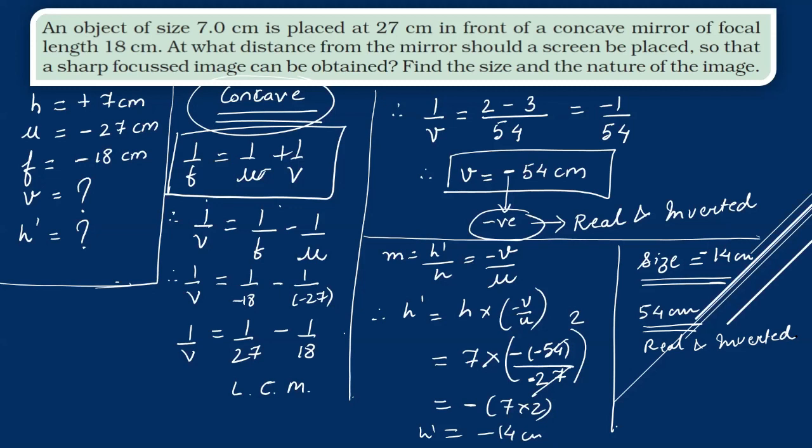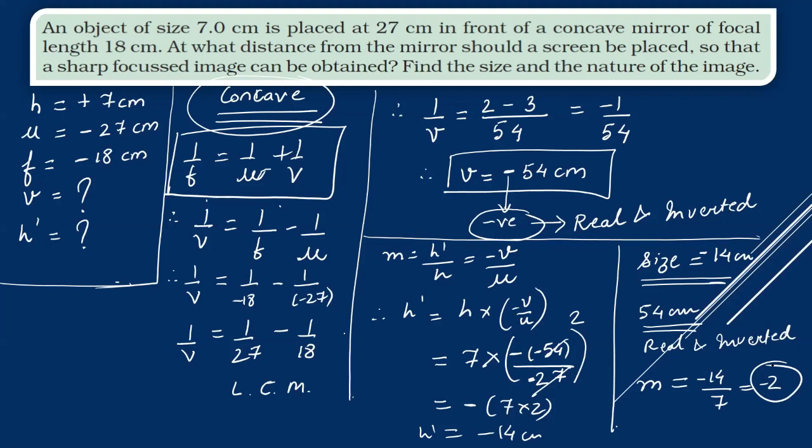Size of the image formed is 14 centimeters. And they have not asked, but you can add it as an additional part. Magnification, if concerned, is minus 14 upon 7, so that's minus 2. That means it is magnified double, so the image formed is twice the size of the object.